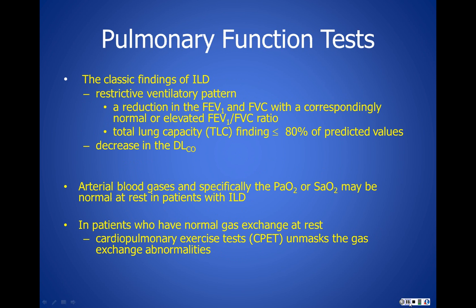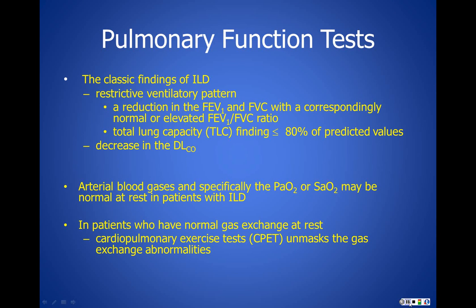Okay. I would like to spend a minute on pulmonary function test. One of the hallmarks of ILD is restrictive physiology. What does that mean? That means the decrease in FEV1 and FVC, but the ratio is normal or elevated. And the total lung capacity by plethysmography is less than 80% of predicted.